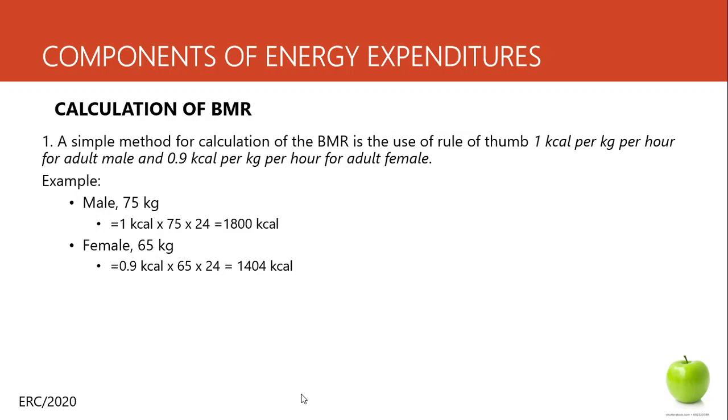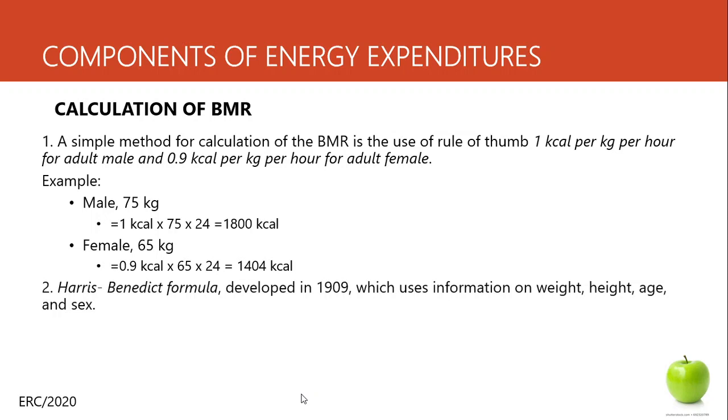And for a female weighing, for example, 65 kilograms, 0.9 kilocalorie multiplied by 65, then multiplied by 24. So this 65 kilogram female has a BMR of 1,404 kilocalories.